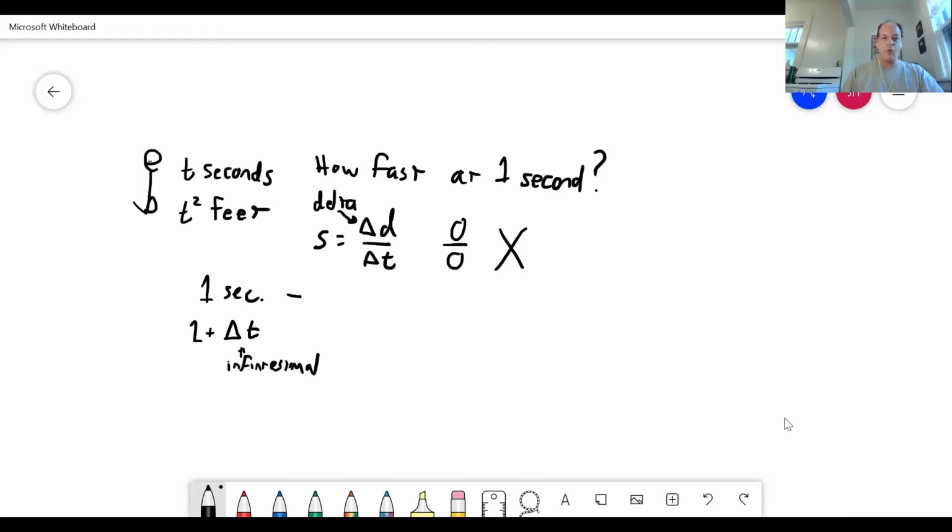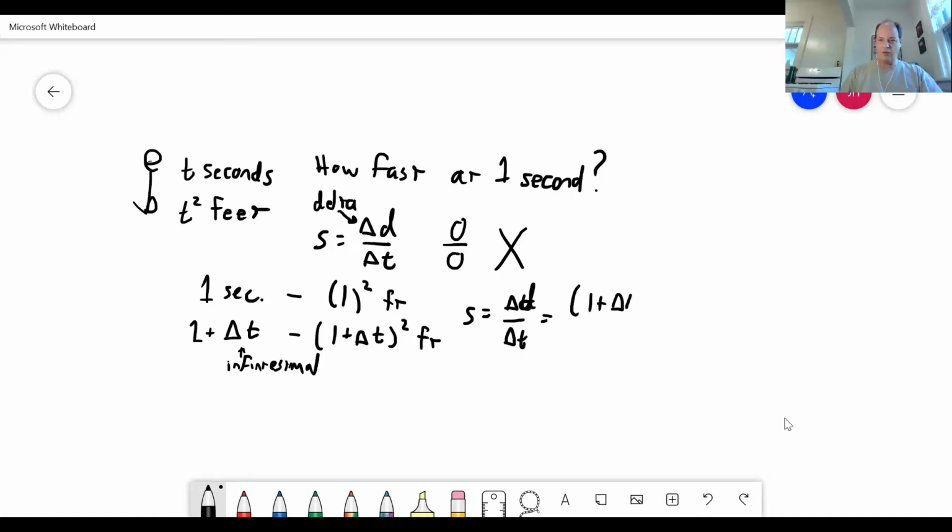Okay? At 1 second, it has fallen to a location of 1 squared feet. At 1 plus delta t seconds, it's 1 plus delta t squared feet. So if the speed is the change in distance over the change in time, that's going to be our ending distance, 1 plus delta t squared, minus our starting distance, 1 squared, over our change in time.